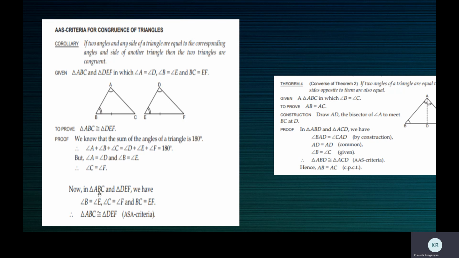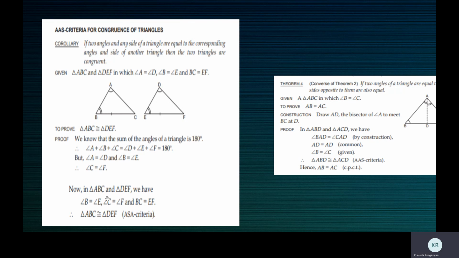Take up the RHS: angle E, angle F and EF. So clearly these two angles and the included side here are respectively equal to these two angles and the included side here.